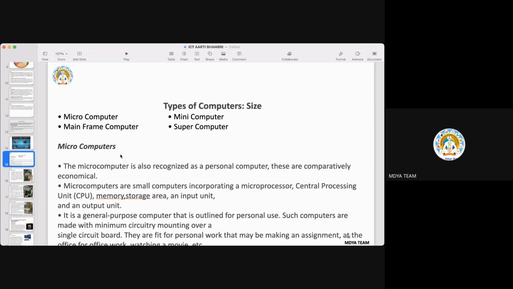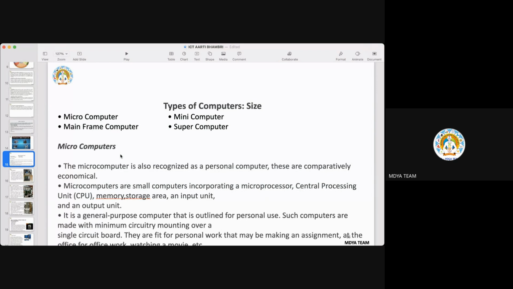They are comparatively economical because they are made in mass, since every person needs one computer. If any organization wants ICT-based functioning, they require so many computer systems. So they are basically personal computers, where one person handles one computer. So PC, which we call personal computers.